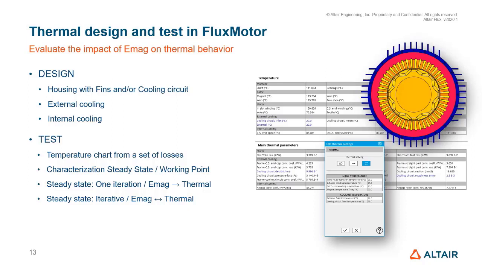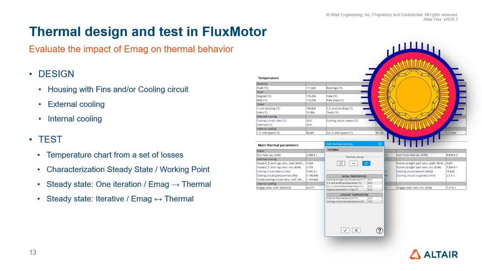In this case, the heat source will be provided as a set of losses in the stator, rotor, and the winding of the motor. It also allows you to characterize the thermal network of the motor, provided by different thermal resistances between the different components inside the motor. And it also allows you to get the losses directly from one of the EMF tests already performed in Flux Motor and use it as a heat source in the thermal test.